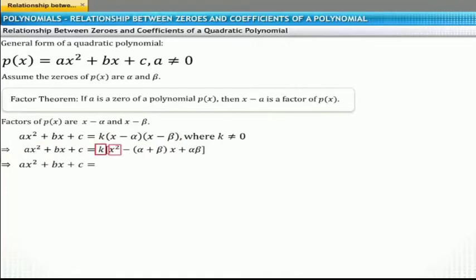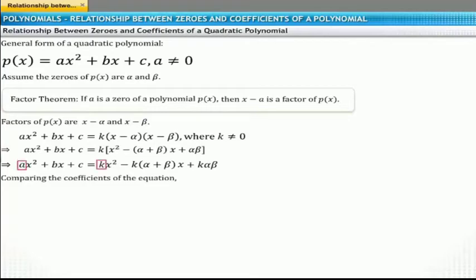By the factor theorem, if a is a zero of a polynomial p(x), then x minus a is a factor of p(x). Again I am repeating it: if a is the zero of a polynomial p(x), then x minus a will be the factor. So the factors of p(x) are x minus alpha and x minus beta, because these are the zeros of the given polynomial.